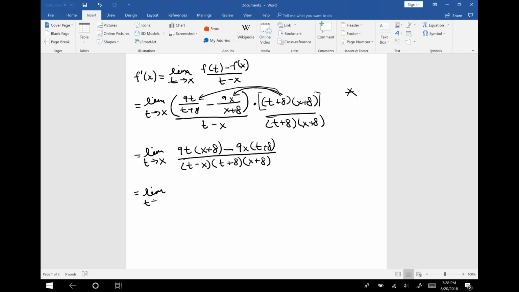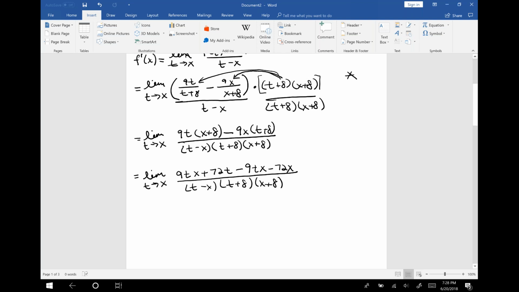So then we have the limit as t goes to x. When I distribute that 9t, I get 9tx plus 72t. And when I distribute the 9x over here, I get minus 9tx, or xt, minus 72x, divided by t minus x times t plus 8 times x plus 8. Looking to see what kind of algebra we can do, we still can't plug x in for t, because we get a 0 in the denominator.